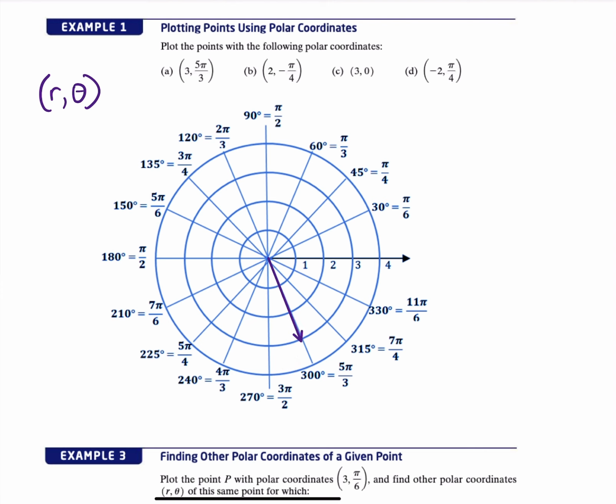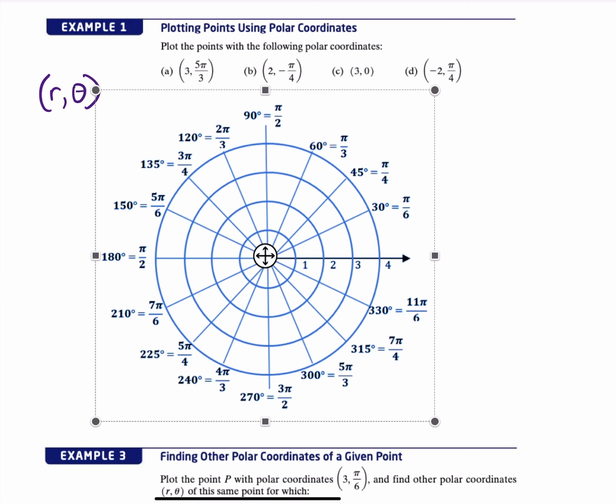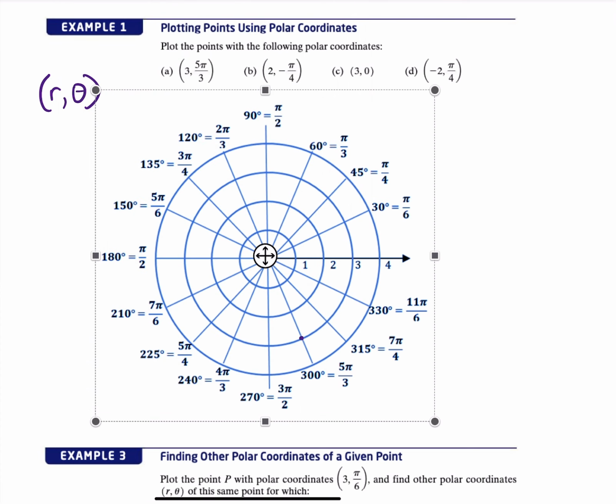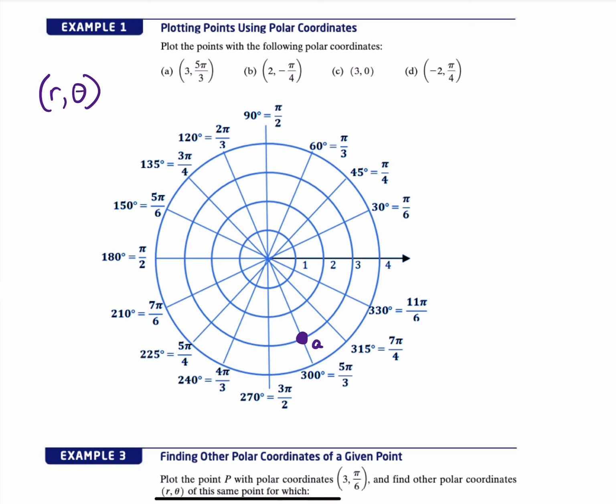Oops, I ended up going too far. So staying on the ring of radius 3, down to 5π/3, we would end up down here in the fourth quadrant. I'm sorry. So this will be our point down here. We'll call this point A, on the circle of radius 3 with an angle of 5π/3.